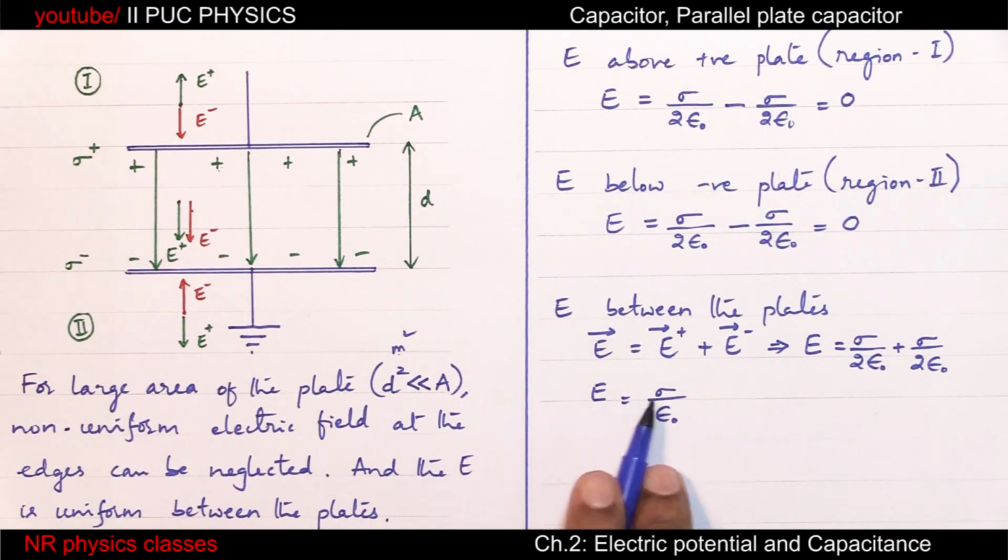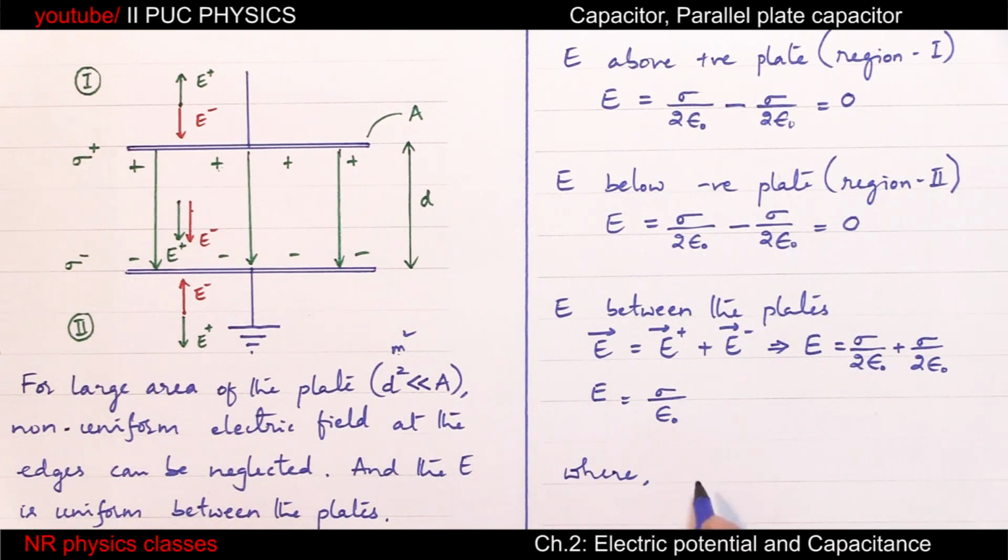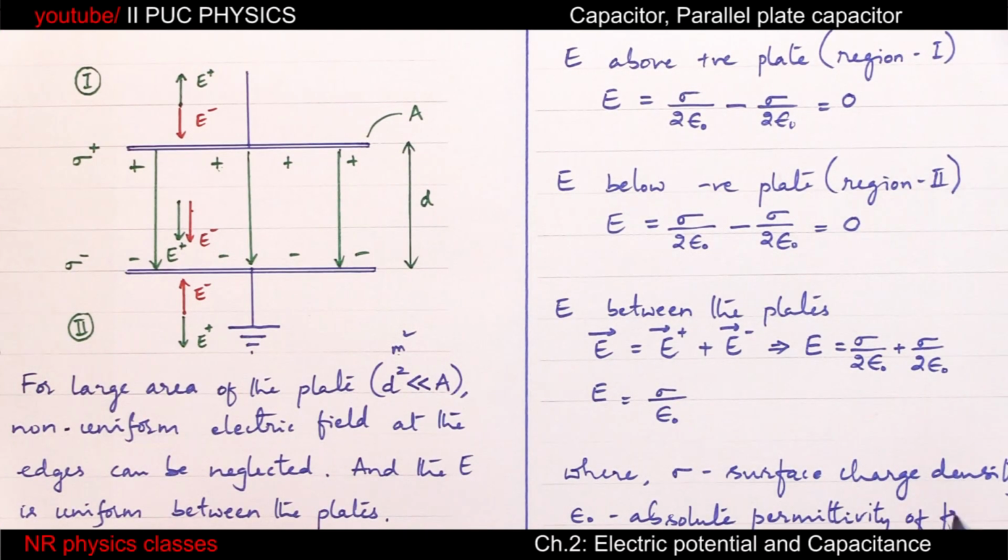Half plus half is 1, where sigma is the surface charge density and epsilon naught is the absolute permittivity of free space.